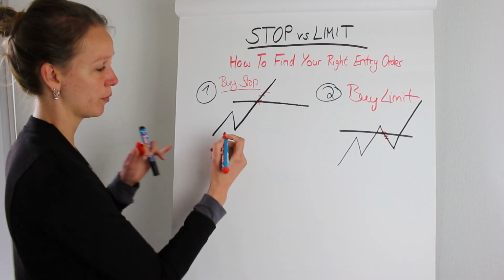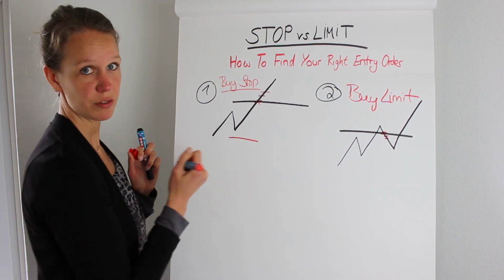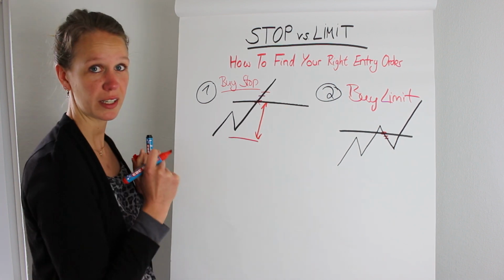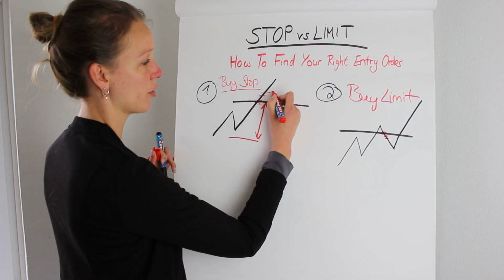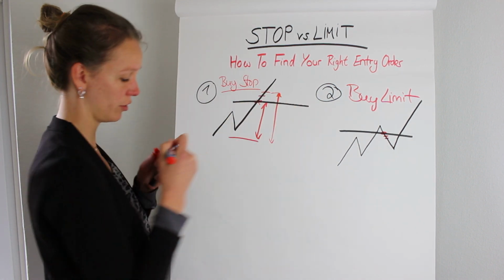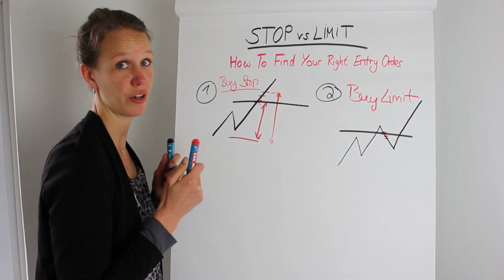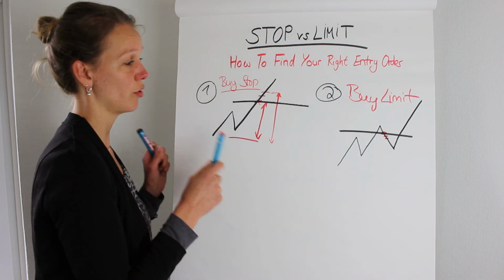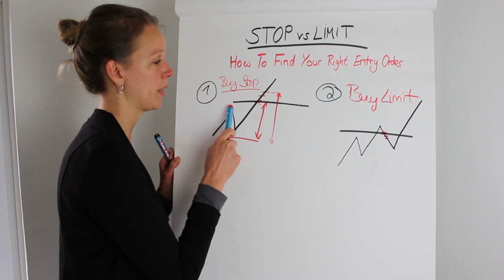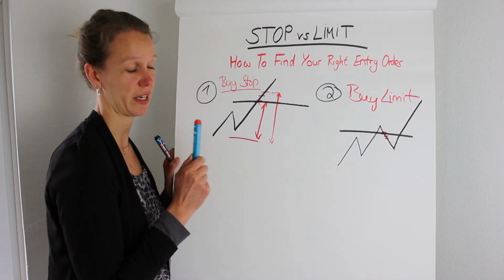For example, if you put your stop loss right here, and this is your risk you initially calculated with, but you get into the order here, your risk is a lot higher and your risk-reward ratio, of course, a lot smaller. So always be aware which options you have and pick the best one for your case.